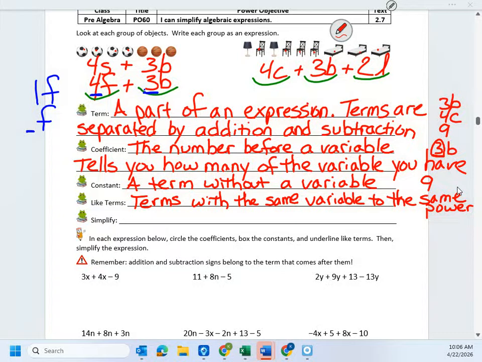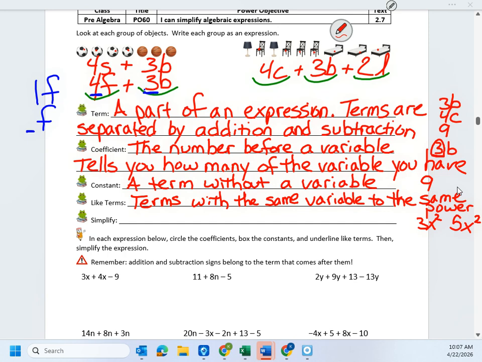So if we had 3x and 5x, they're both to the same exponent of 1. Okay. If we had 3x squared, we would have to have 5x squared for them to be like terms. They have to have the same power. If they have that same power, we can combine them.